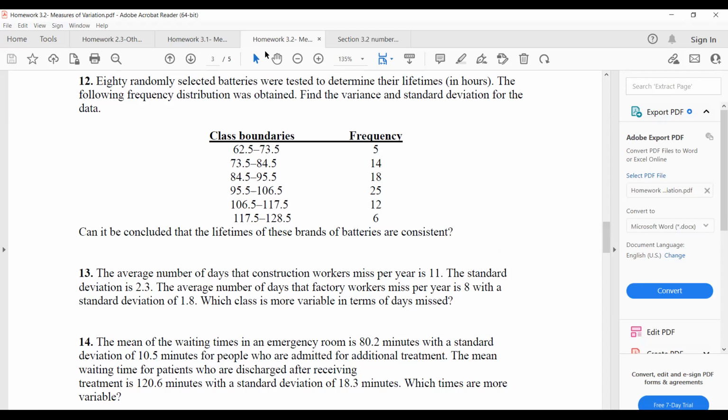So if K is 4 and you plug it in there, go ahead and do the percentage for me.